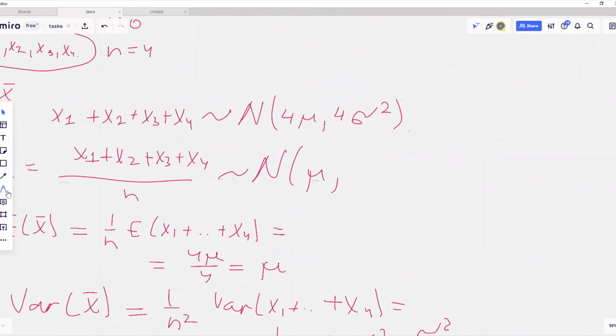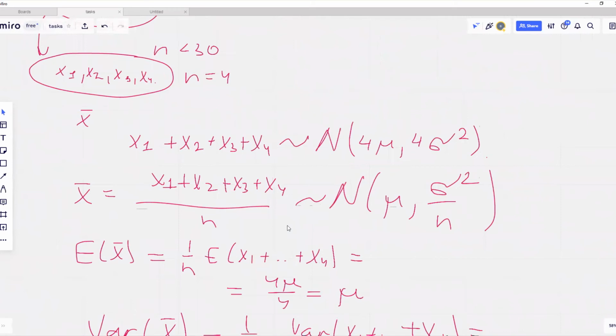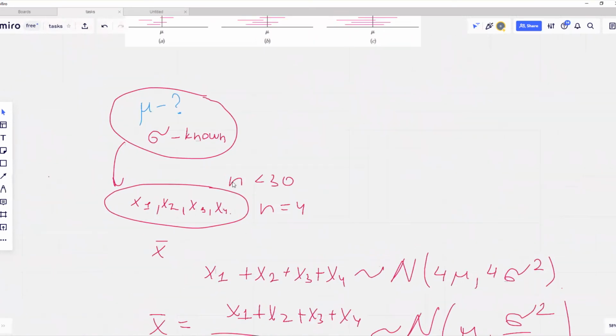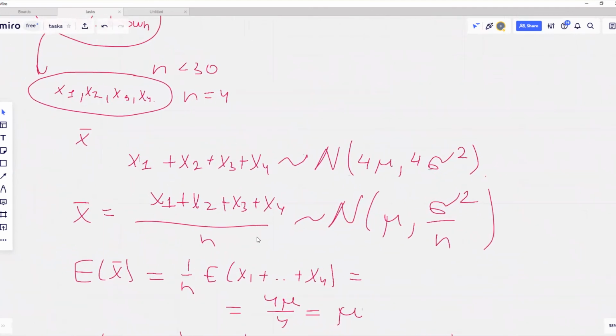Where the variance is equal to sigma squared over n, let's generalize our case. Let's replace 4 by n. So we can see that for X bar, when the sample size is small but sigma is known, we can simply use the linear combination of normal random variables to show that X bar is going to follow a normal distribution with mean mu and variance of sigma squared over n.